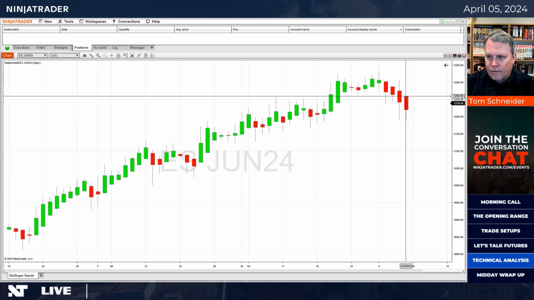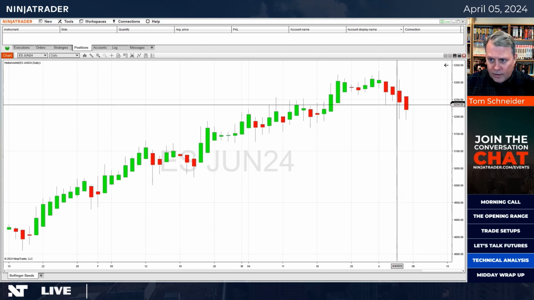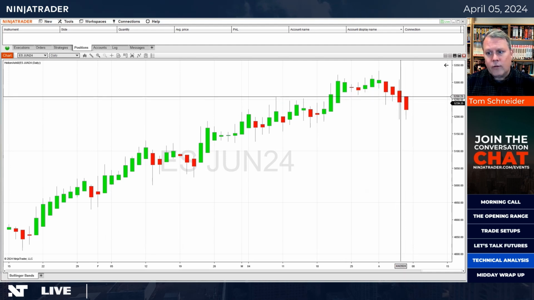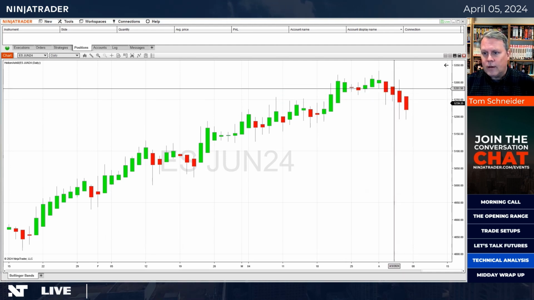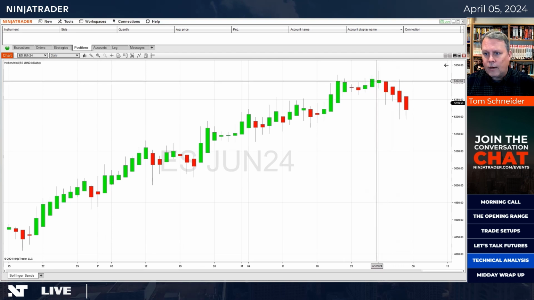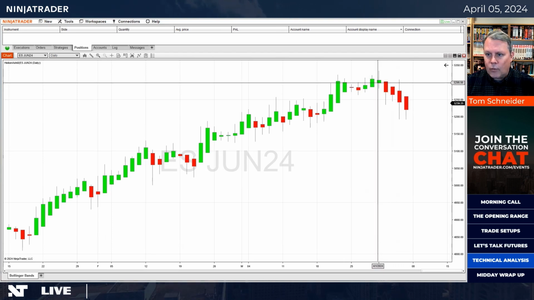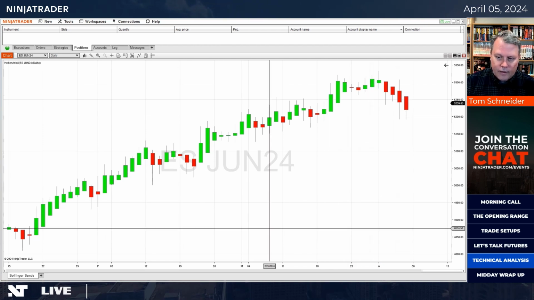So this open on the Heikin-Ashi is halfway between the open and the close of the previous body. It's always going to be halfway between the previous bar. Okay, so that's something we should notice. Here's the open on a green candle at the low of the body. That's halfway between the previous body. Okay, so that's an averaging of sorts, right? It's an average of the previous bar's open and close.